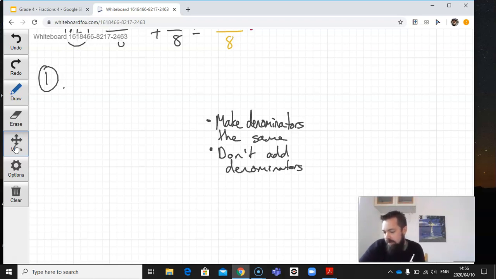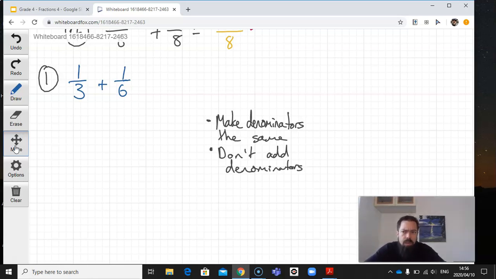The first one I'd like you to do, 1/3 plus 1/6. I'm going to give you quite a specific layout to use for this, and I'm going to do that while you're getting used to the process.